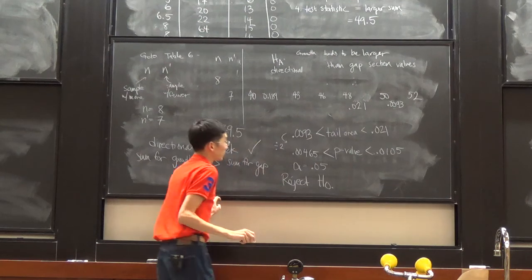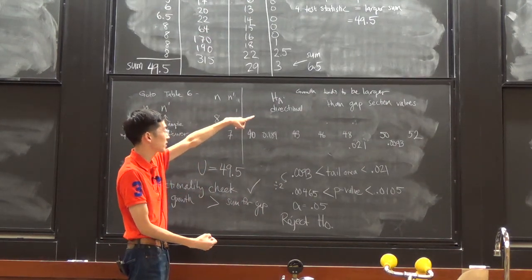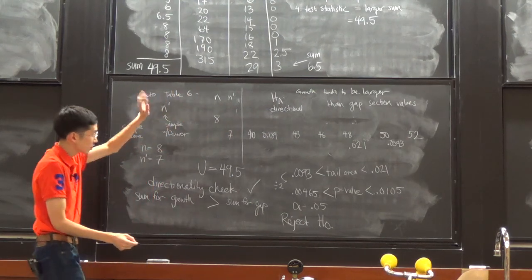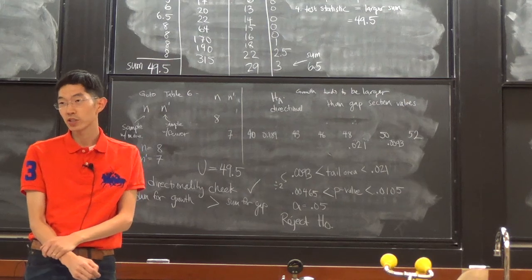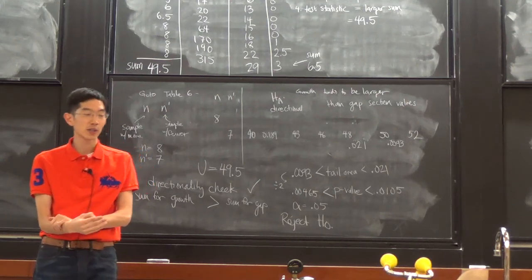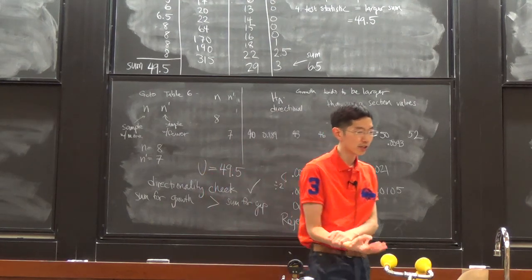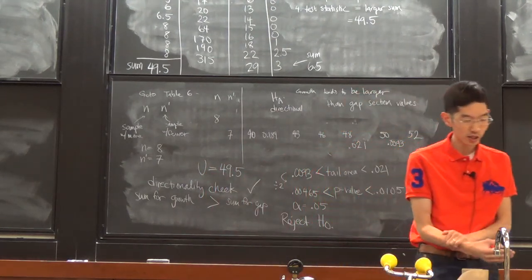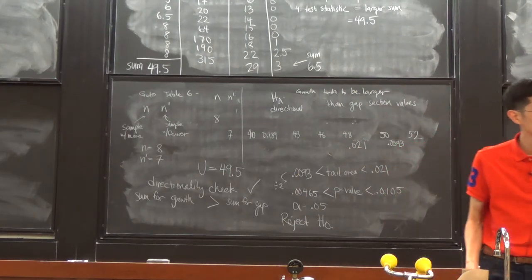And so we have evidence to support the alternative, which says the values from the growth section tend to be larger than the values from the gap section, or the distribution corresponding to the growth section tends to produce values that are larger than the distribution corresponding to the gap section, or whatever I had written in the alternative hypothesis.